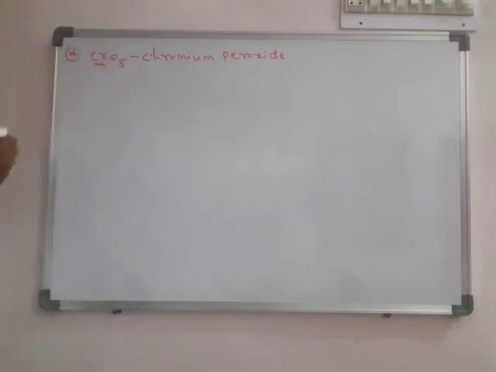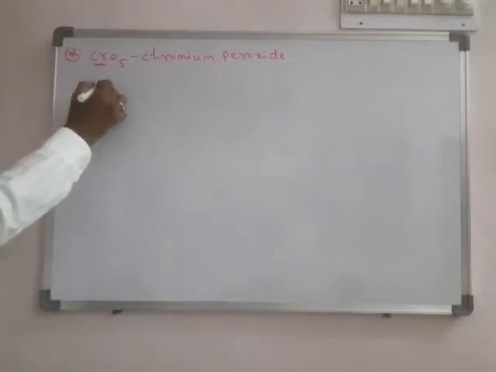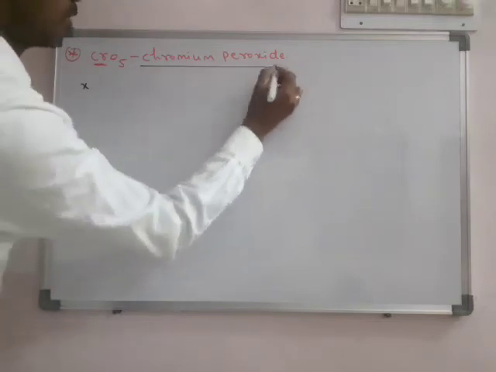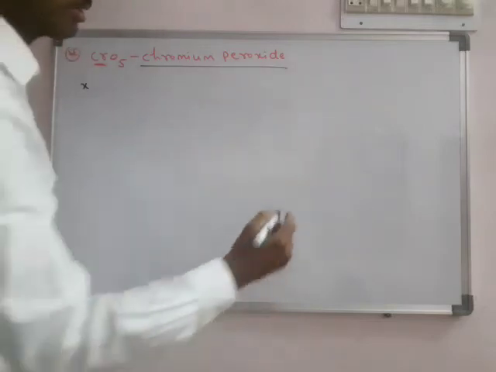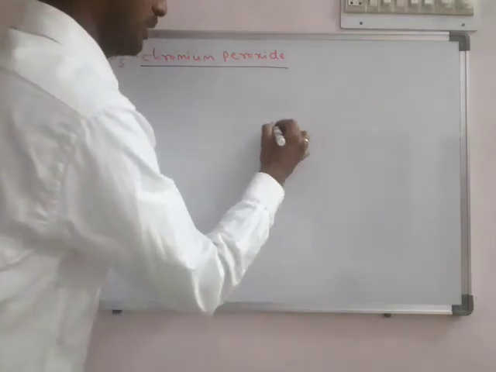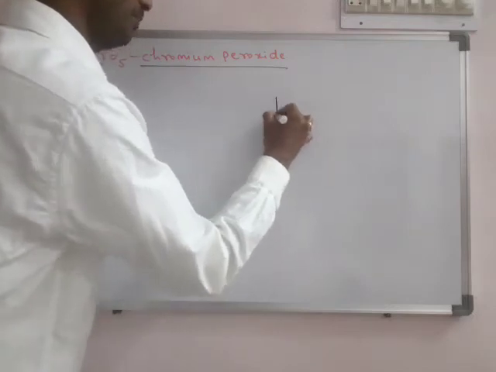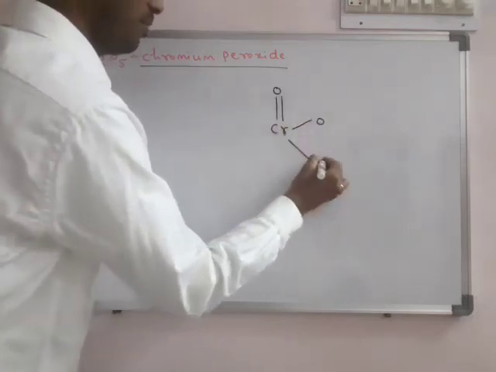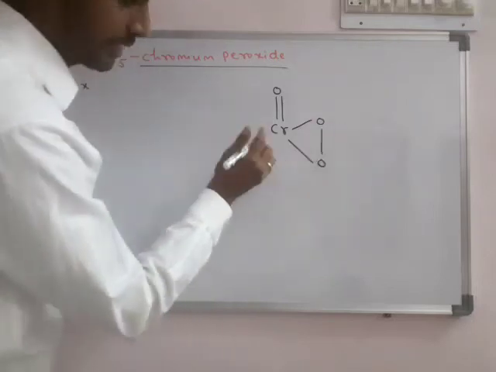Chromium peroxide. So find it for chromium. Here we must know that chromium peroxide has 2 peroxy bonds. One double bond O, and then 1 peroxy bond between 2 oxygens.